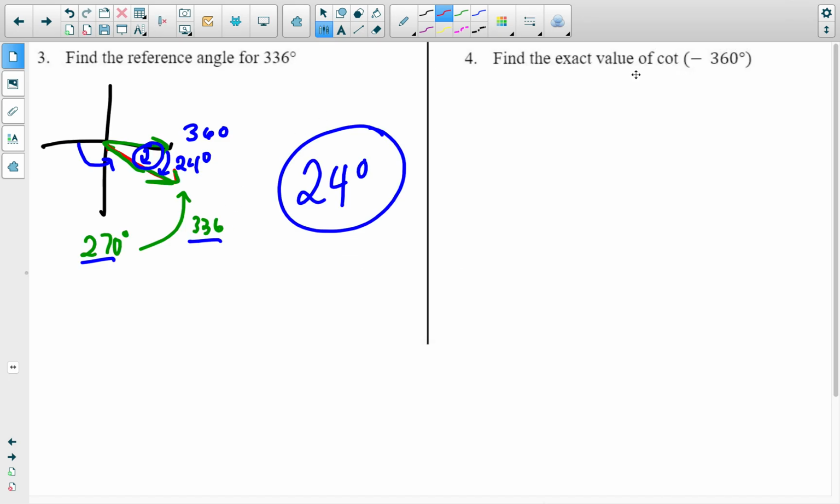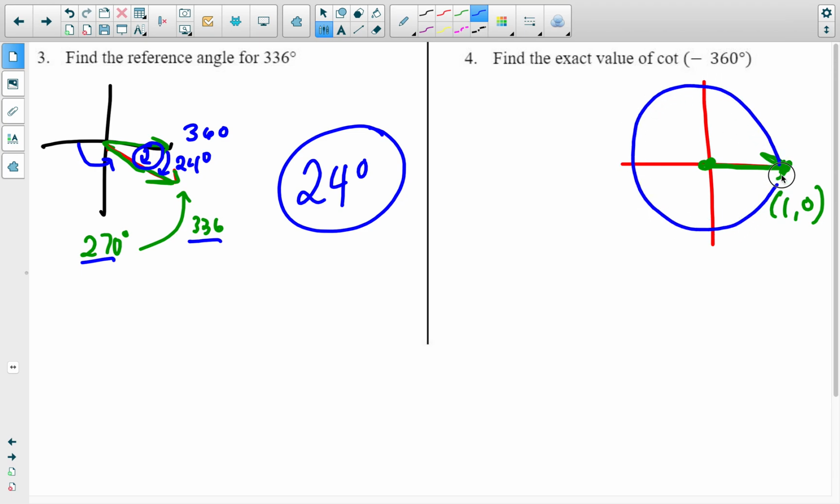So, for this one, cotangent of negative 360, think about that angle for a second, right? Negative means we're going clockwise, so we're starting here, and we go negative 360, and we actually end up here. So the initial and the terminal side overlap, meaning we're at the point on the unit circle 1, 0, right? Because our unit circle has a radius of 1, so if we haven't moved up at all along the arc, then we're just at the point 1, 0.